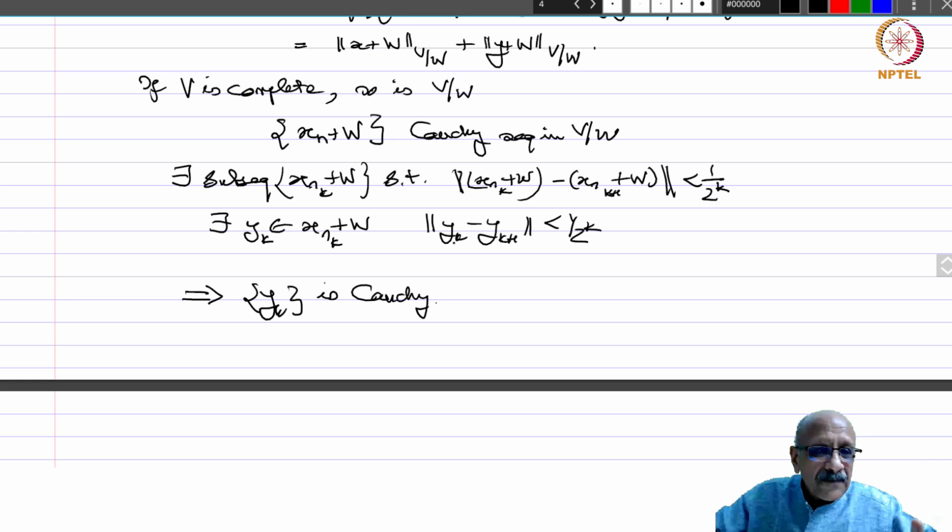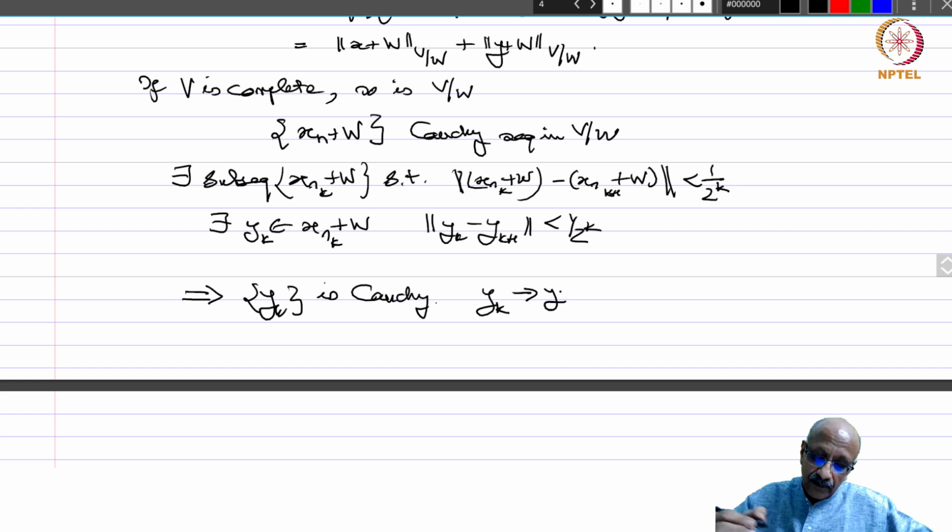So this is again a property of Cauchy sequences. Try to prove this yourself. Therefore y_k is Cauchy. So V is complete, and therefore y_k will converge to y.